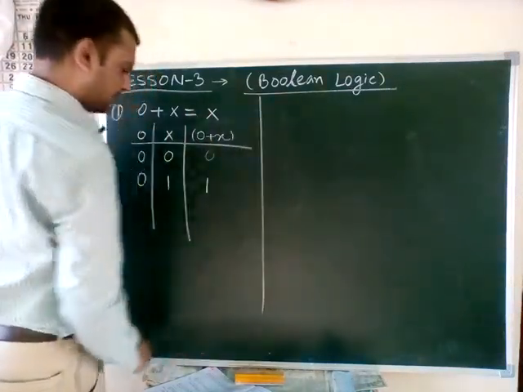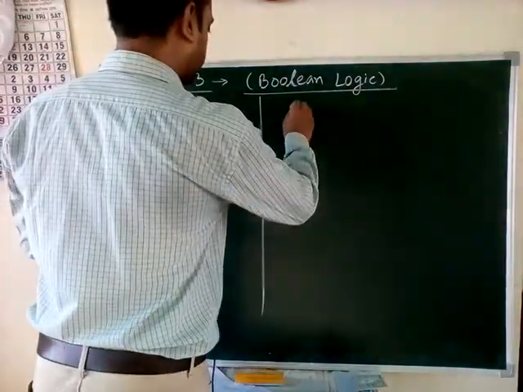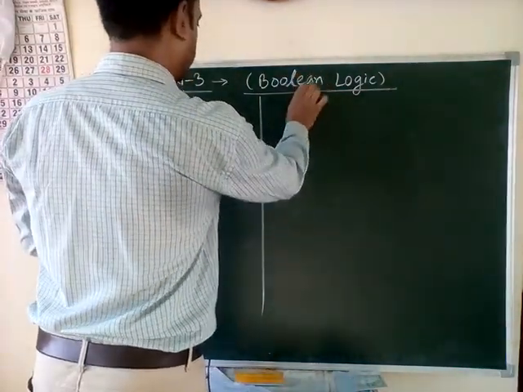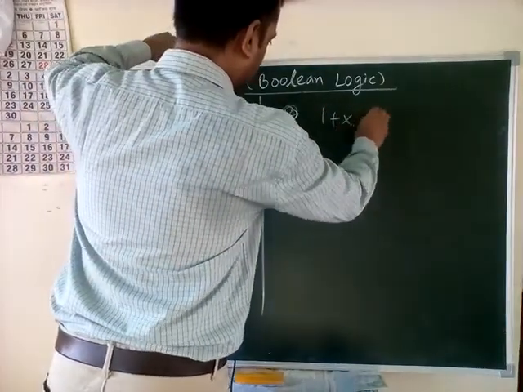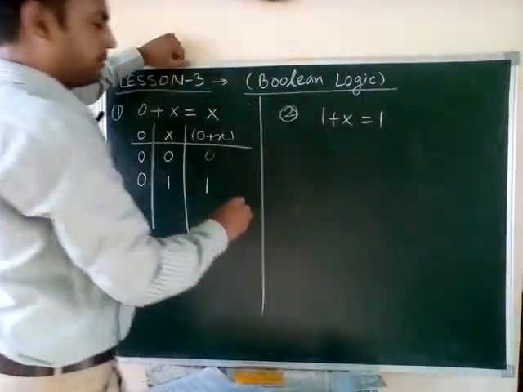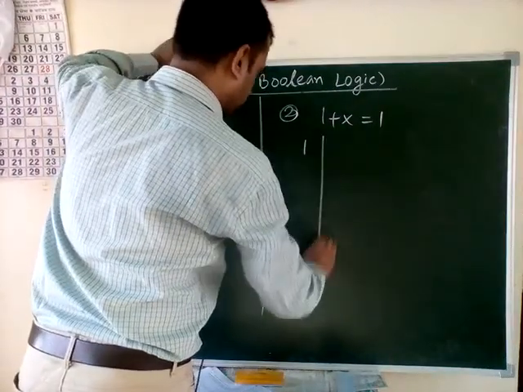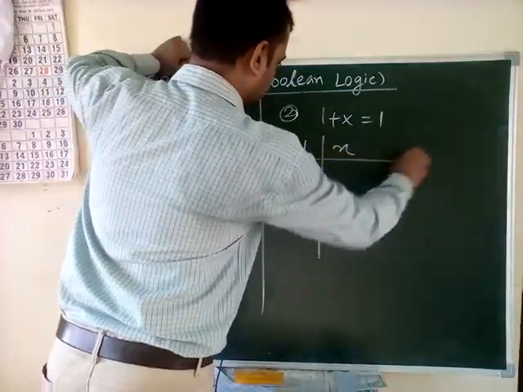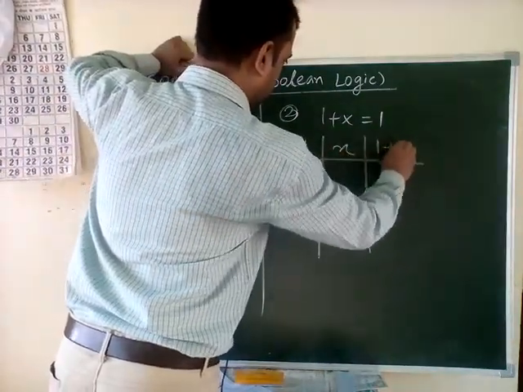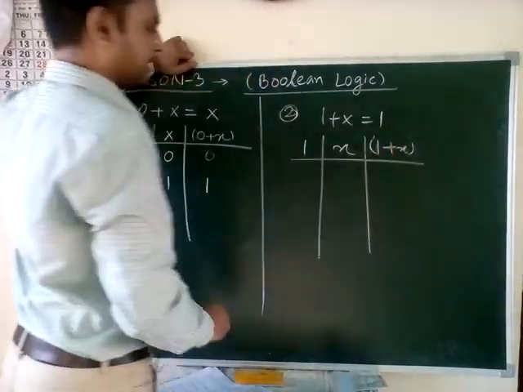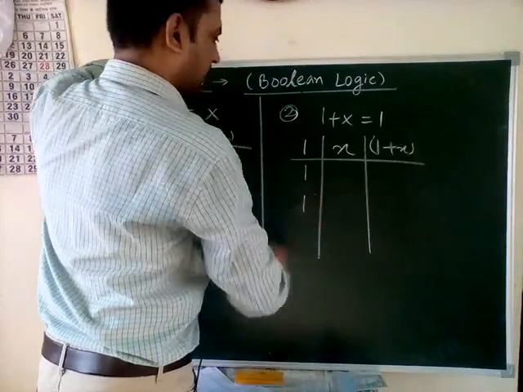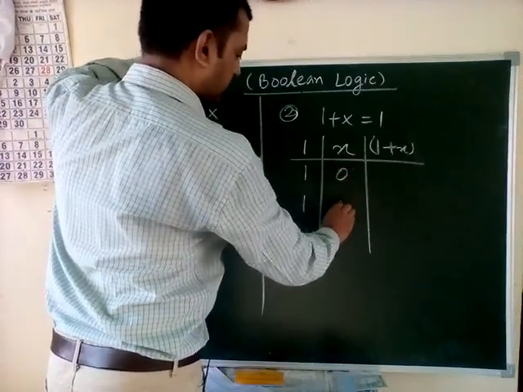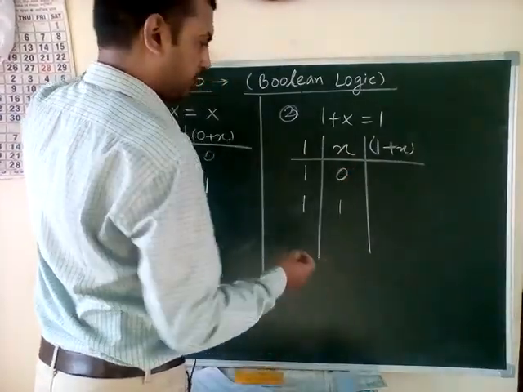Now likewise the same second one, number 2, 1 plus x is equal to 1. If I am saying like this, then 1 and x and 1 plus x, it is very simple. 1 means always it will be 1, x means x will change, 0 and 1, only two conditions may be there.